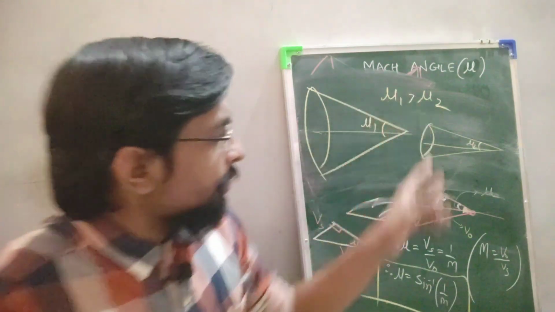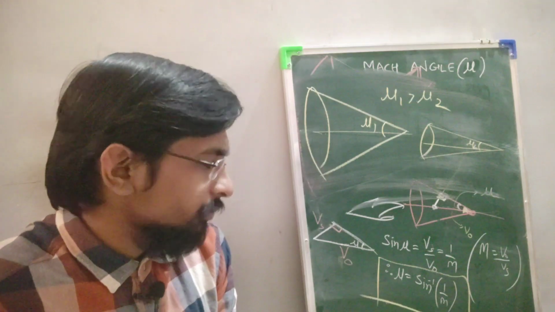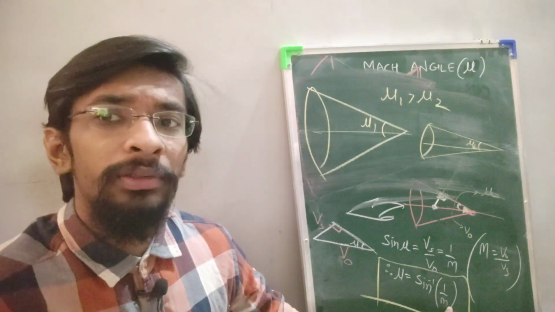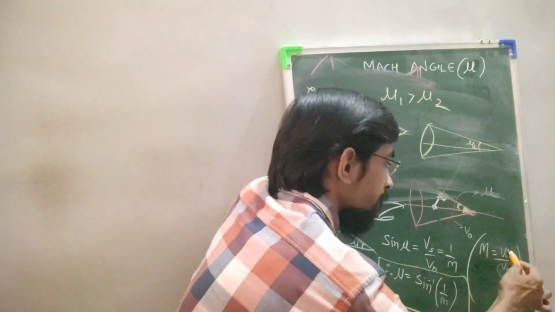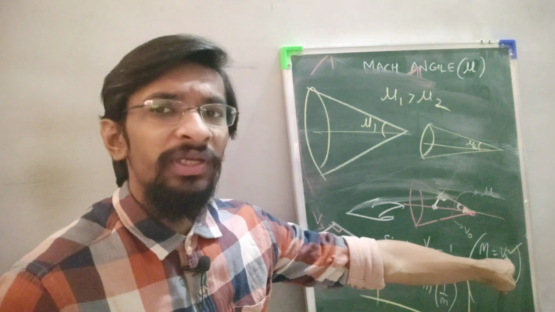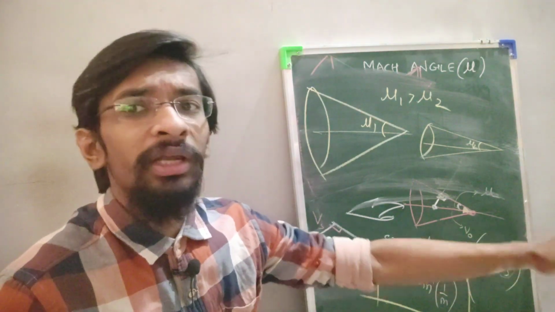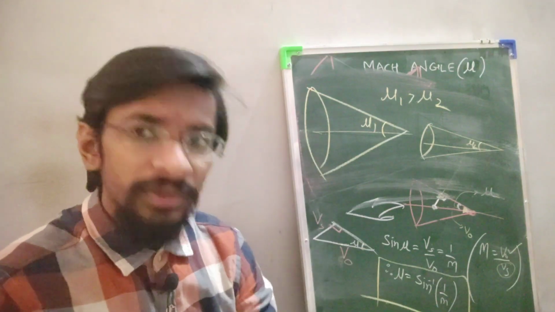So the Mach angle is more or less depending on the Mach number, and that Mach number is also dependent on Vo, as Vs is constant. So if Vo is greater than Vs by a lot, 2 times, 3 times, 5 times Vs, the Mach number will be some higher value.